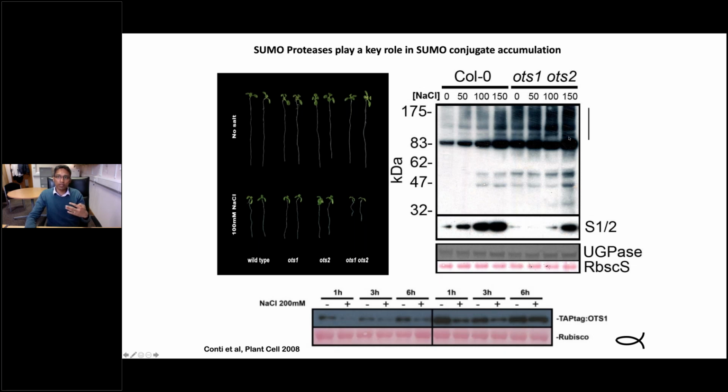This smear up here at the top right-hand corner, I should use my laser pointer really. You can see here that the SUMO conjugation pattern is really down to the SUMO proteases, which accumulate at high levels. And this Western blot here shows the tagged form of the OTS SUMO protease. When plants see stress, in this case salt stress, they want to get rid of the protease.